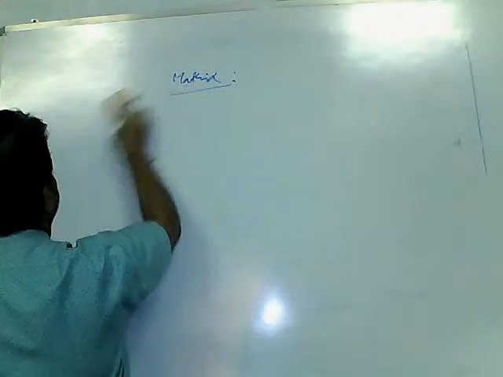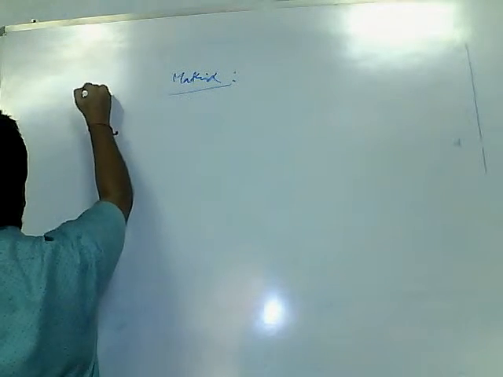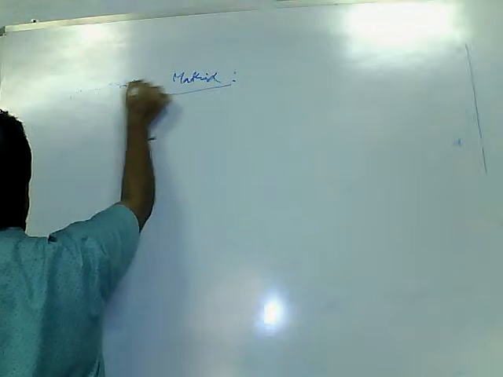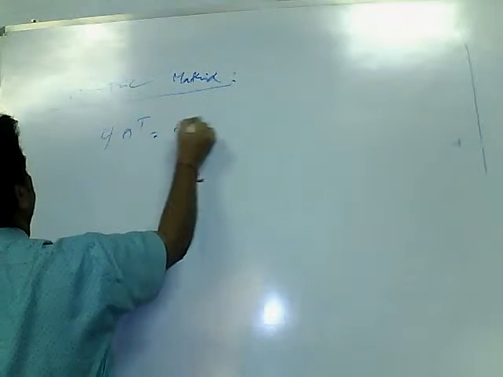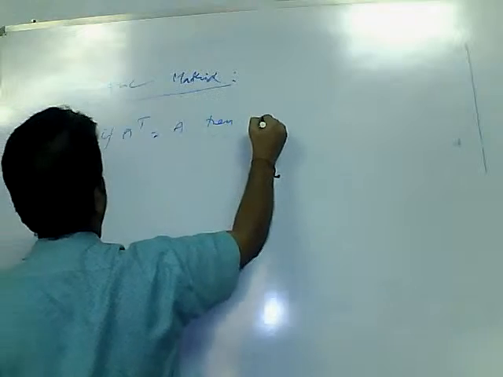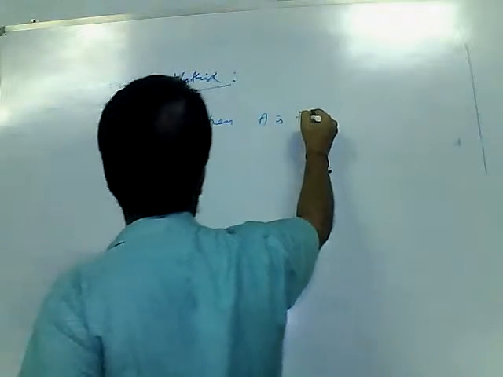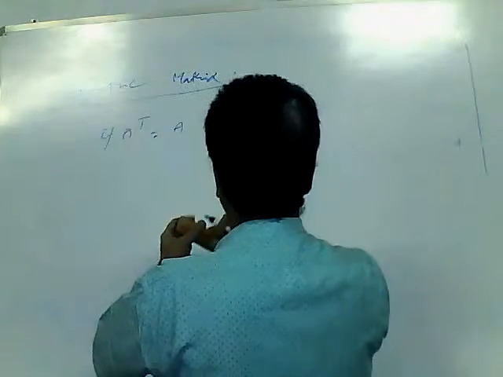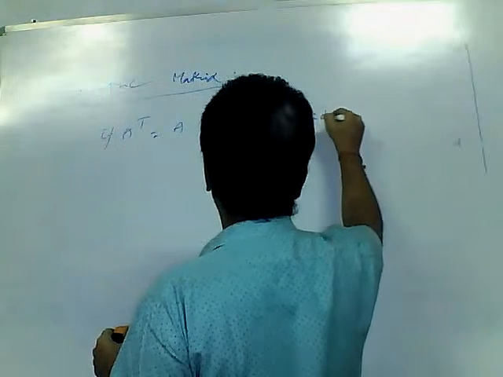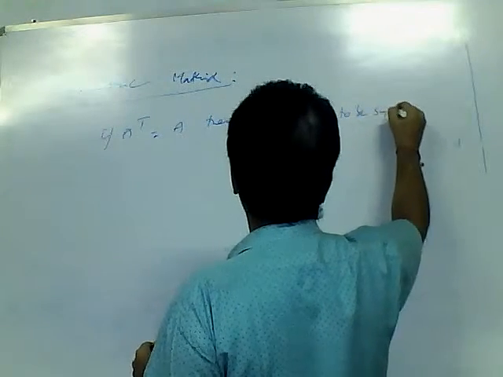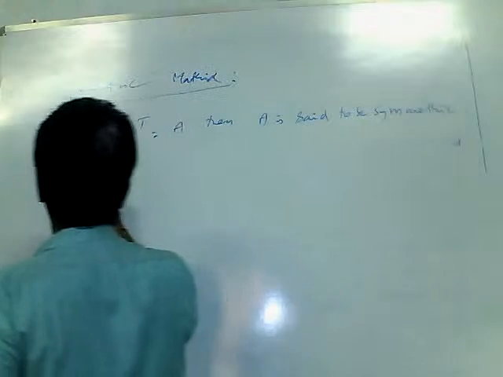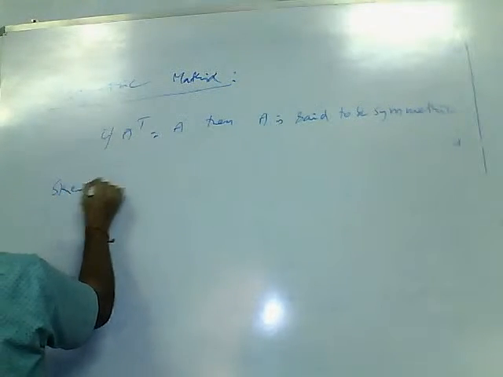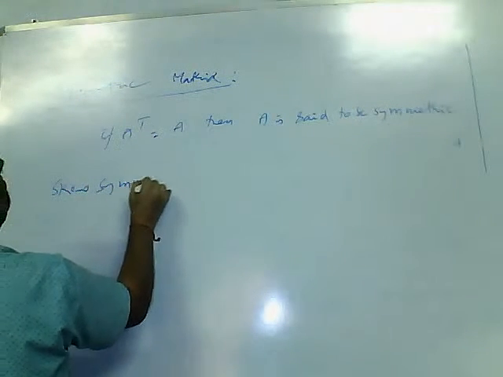Now we'll see the symmetric matrix. If A transpose is equal to A, then A is said to be a symmetric matrix. And I can take skew symmetric as another property.